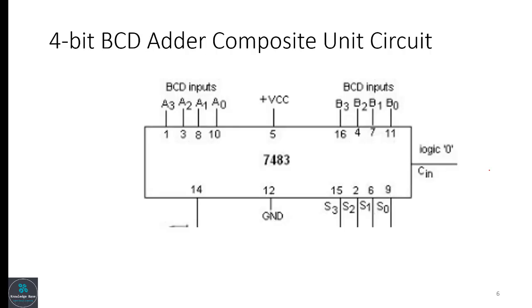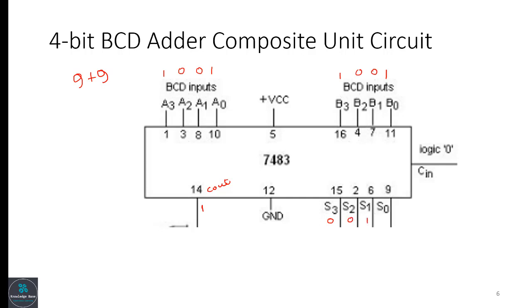Here we are performing, suppose, 9 plus 9. So 9 plus 9, A is 1 0 0 1, B is 1 0 0 1. Then the summation will be, there will be a carry out of 1, and the result will be 0 0 1.